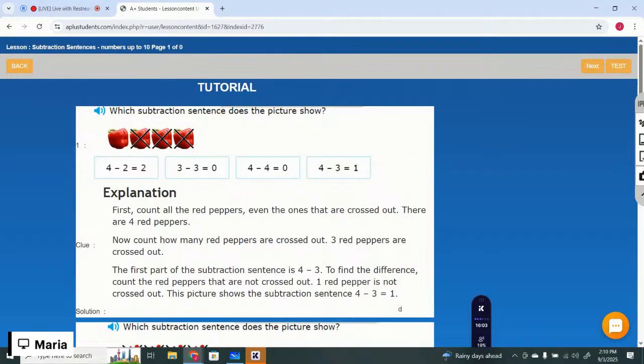So we need to find the subtraction sentence now, right? So we have four apples. Three of them are crossed out, so we have four take away three, and we end up with one. So option number four is the correct option. That is four take away three is one.